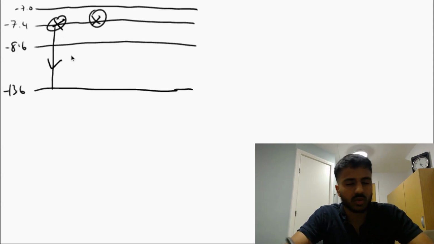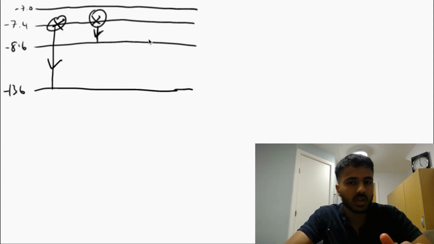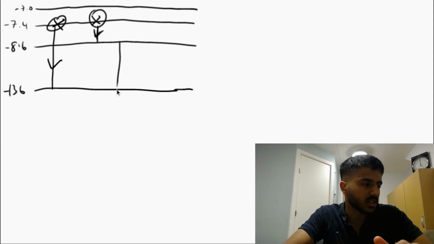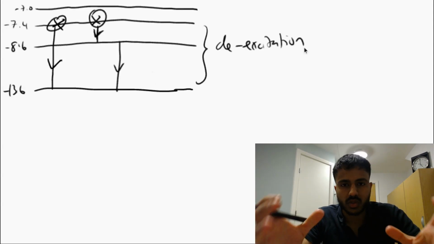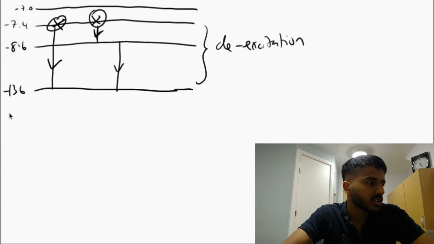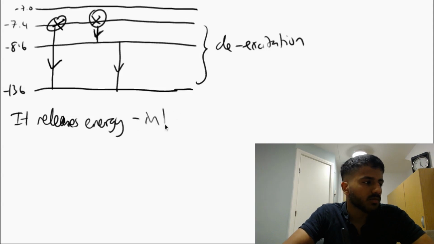One way it could do this is go straight from that energy level to the ground energy level. Or what it could also do is jump from the second energy level to the first, and then from the first to the ground. So here are 3 possible paths that these electrons could take. But what happens when an electron de-excites is it releases energy, and it releases energy in the form of a photon.